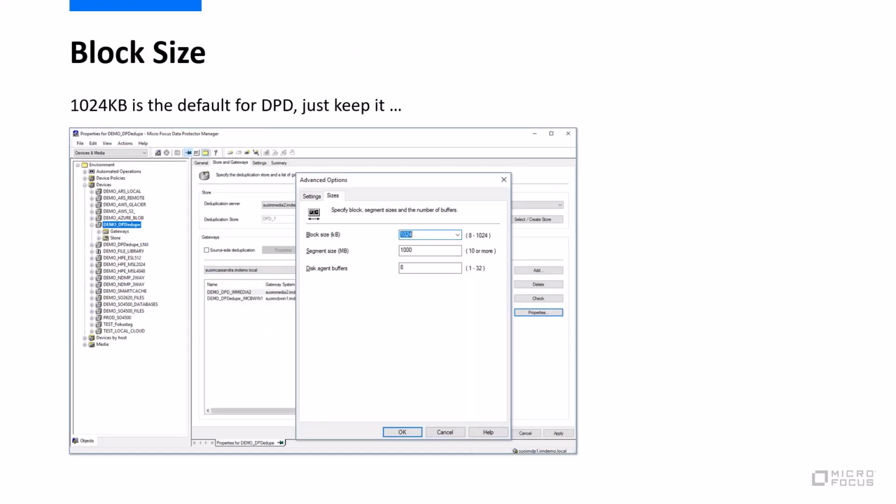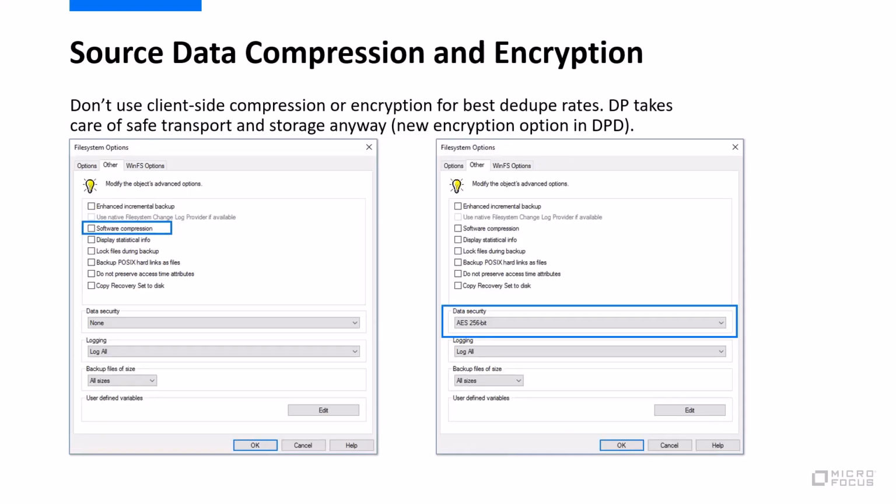There are also some configuration variables I'm not going into much detail about here, but block size is important, and we already set the DPD block size to the maximum available today, which is 1024 kilobytes. We're also recommending to not use any other compression or encryption technology, because that will take away a lot of deduplication capabilities.